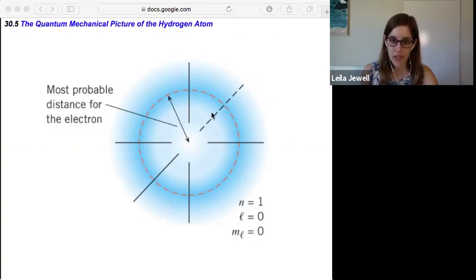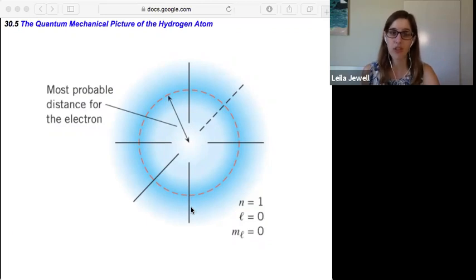It's most likely to be located where the blue is thicker. It's a higher probability, but we don't know exactly where it is. The Bohr model says that it has to be at a set distance from the nucleus, given by the Bohr radius. And it turns out that radius is exactly the same as the most probable distance for the electron.